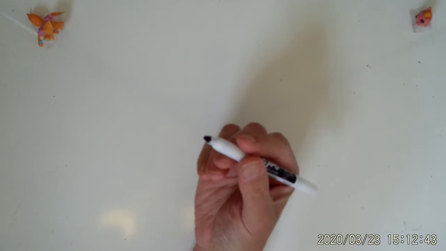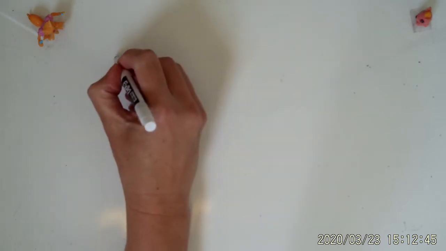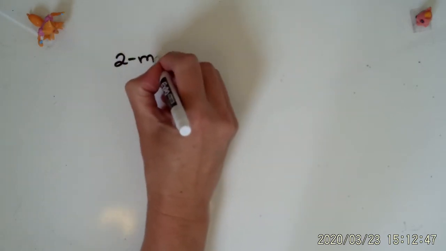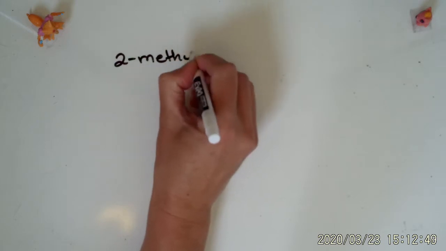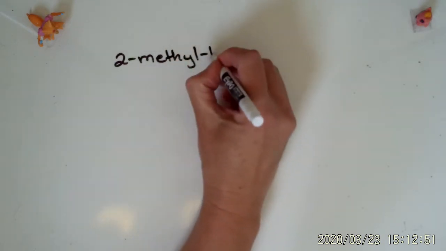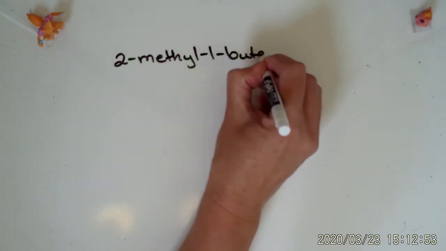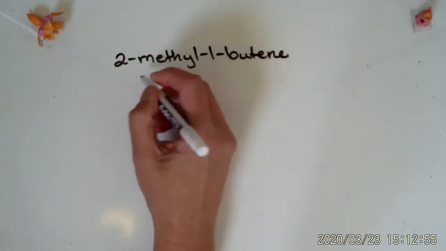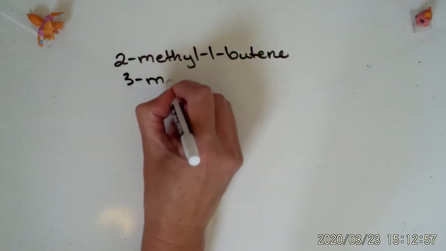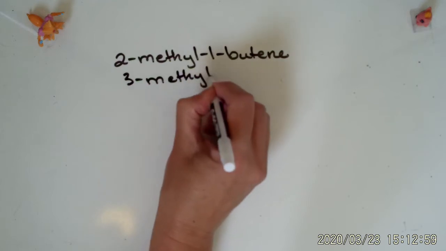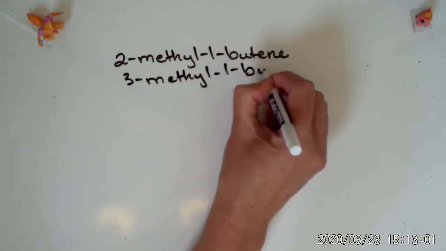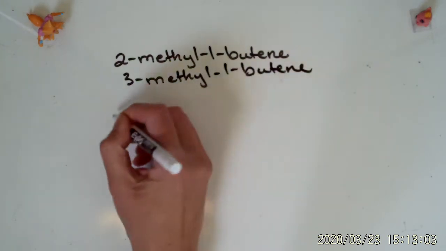If you had to compare 2-methyl-1-butene and 3-methyl-1-butene, which is more stable?